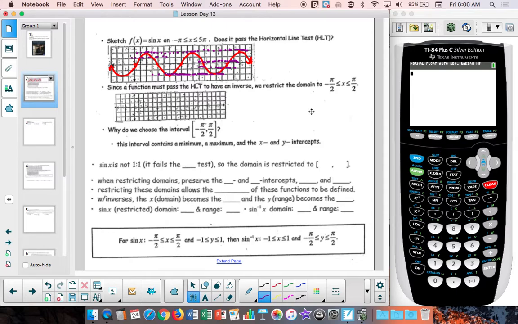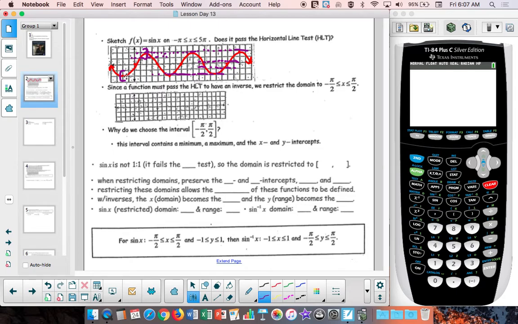So we need to narrow our vision of the function. We need to restrict the domain of the sine function. And picking that restriction, there's a lot of answers you could go with. But basically, you want to have a minimum to a maximum, or a maximum to a minimum on your range. So the one we go with is negative pi over 2 to pi over 2.